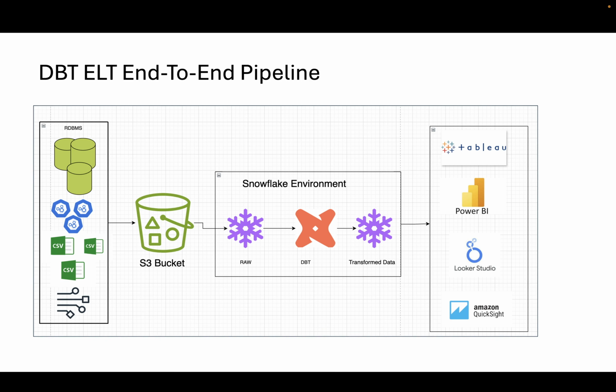In this case, we assume that we are getting data from a streaming source or a CDC source. If you have a MySQL database, or a Postgres database, or APIs, we are assuming that we are loading data from those sources. We stage them in S3 as our data lake, and then from there we use Snowflake to process this data.